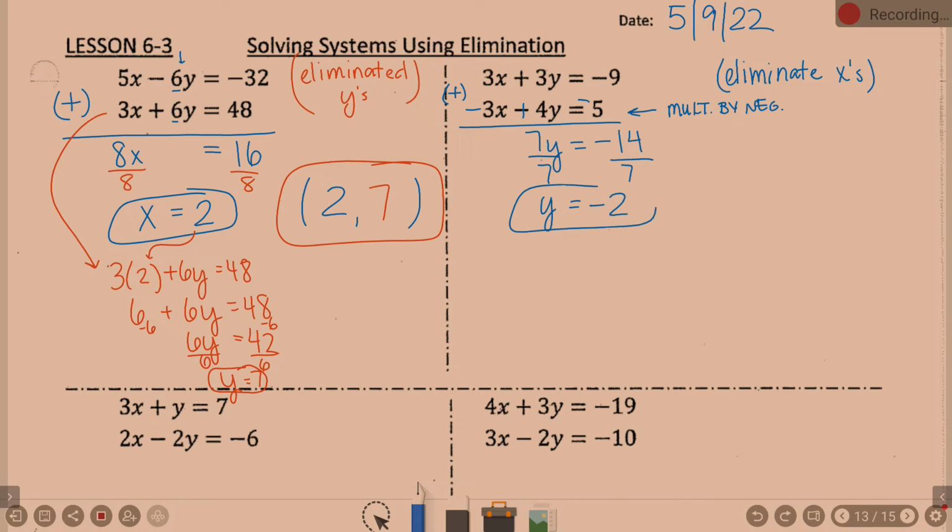But you're not done. So my y value is negative 2, which means what I know right now is my answer is something, comma, negative 2. How do I find something?